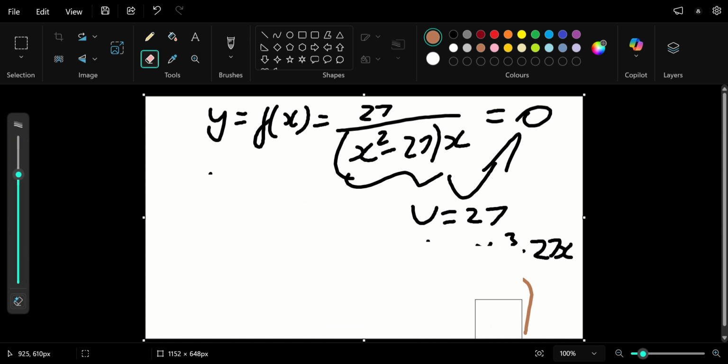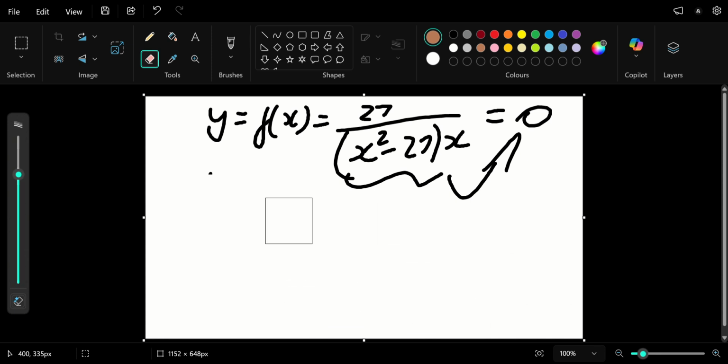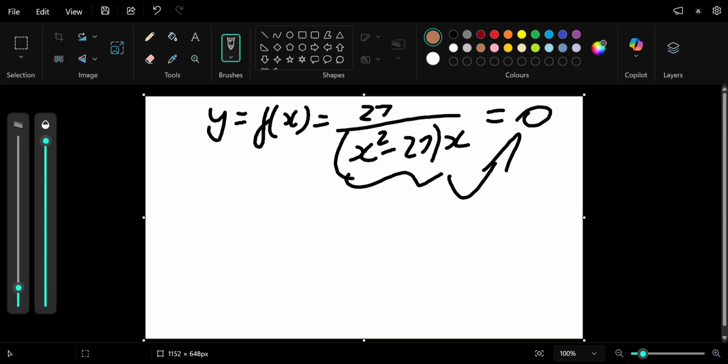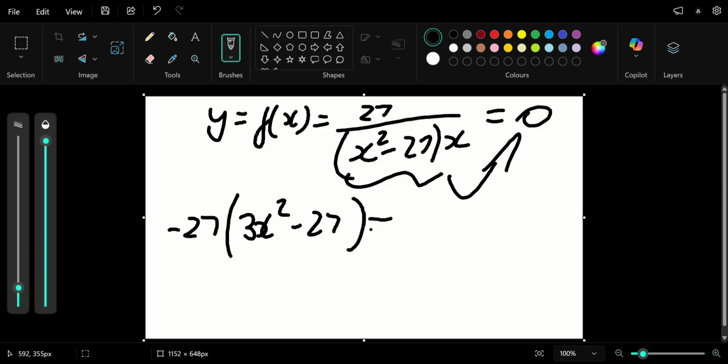Now that we have our first derivative, let's solve so we can actually find the stationary points. We can multiply through the bottom first, so we'll just be left with the numerator being equal to 0.